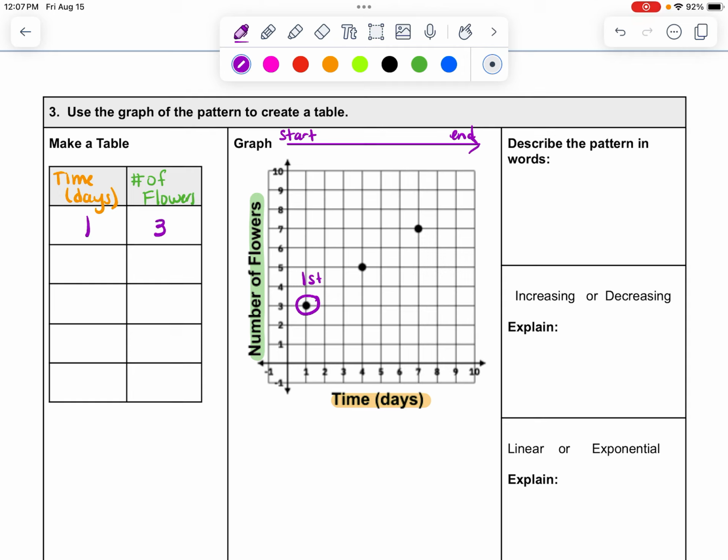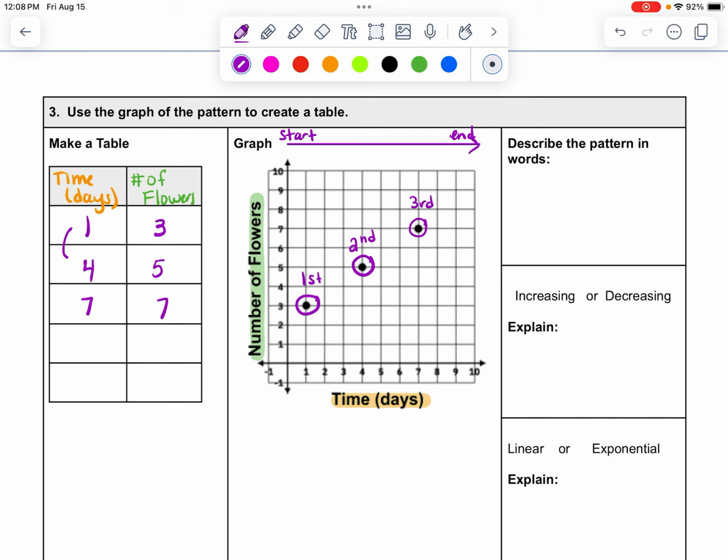The next point would be this one, which is 4 for the time and 5 for the number of flowers. And the third point would be this one, which is 7 for the time and 7 for the flowers. Now you'll notice we didn't finish the table. So let's look for a pattern and see if we can finish it using the pattern.